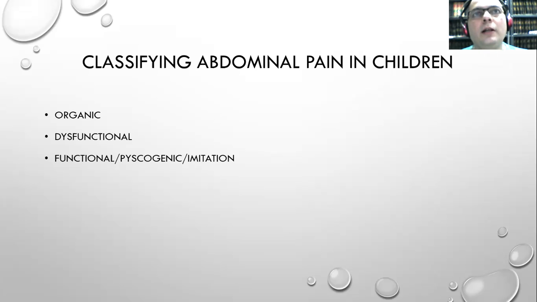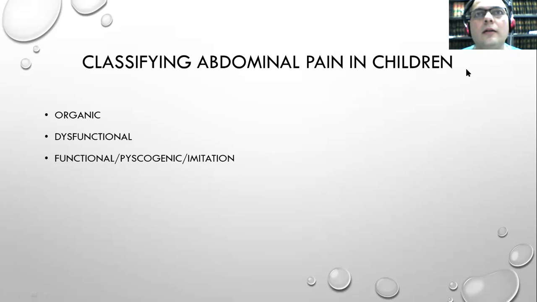He cannot pinpoint it. He cannot exactly locate it, and it is difficult for a pediatrician to find out the site of the pain and the cause of the pain. Basically, we should know that there are three types of pain which one can encounter.